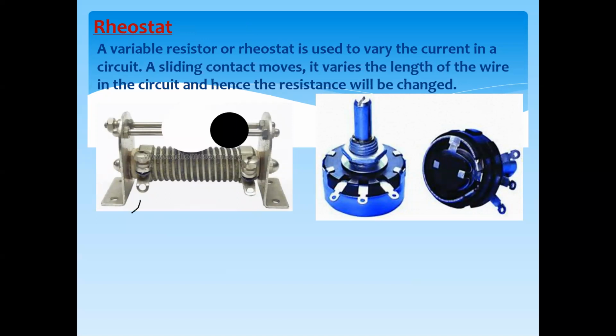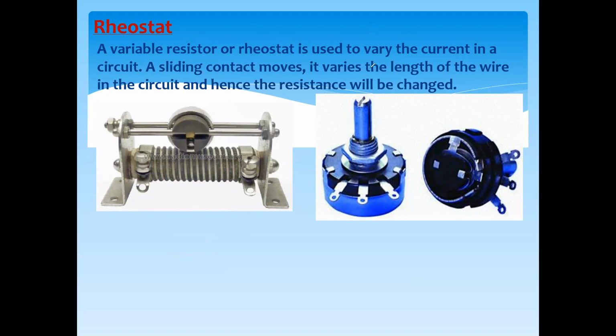So now the conventional current has to flow through greater length. As the length increases, resistance will increase. As the resistance increases, the current in the circuit will decrease, and we call that combination a rheostat.